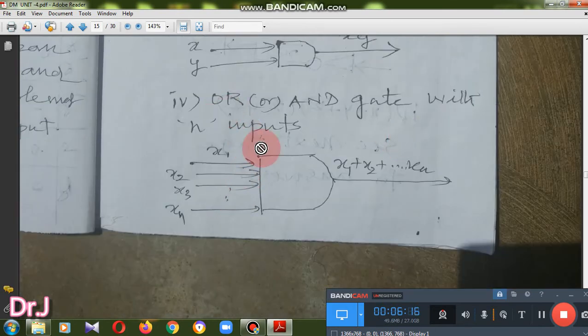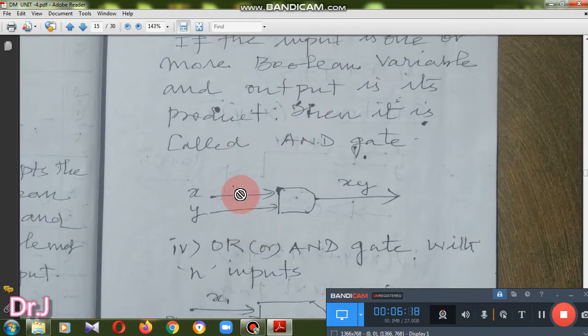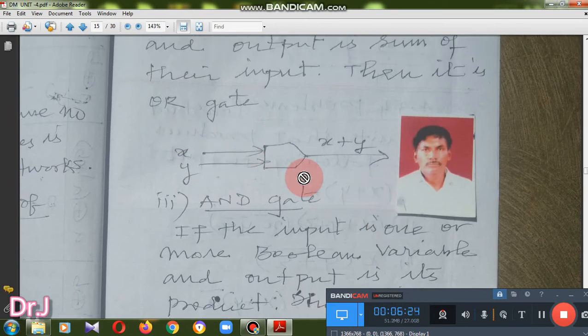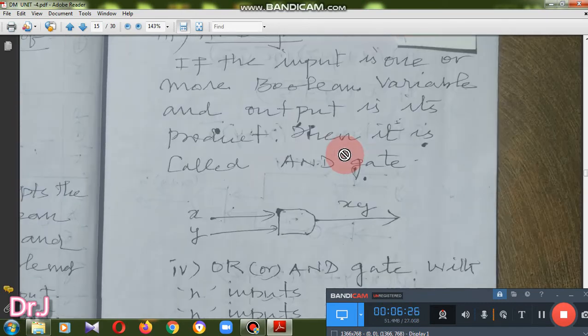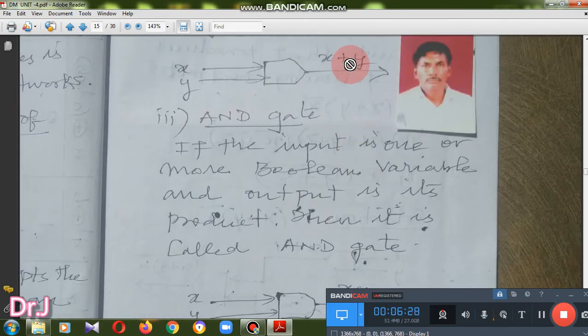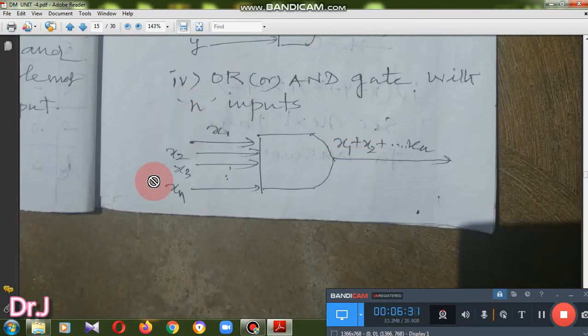Now the AND and OR gates with n inputs. Here you are seeing only two inputs, consisting of only two variables. Here the input is two variables and the output is only one variable, consisting of the join. But here so many variables are coming, n variables are coming, and the output would be the join of these n incoming Boolean variables.